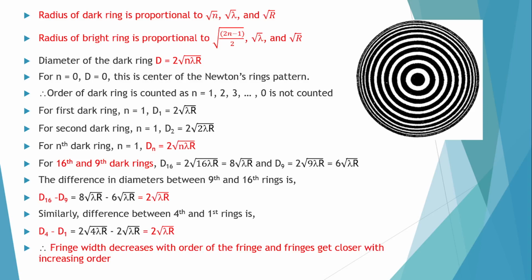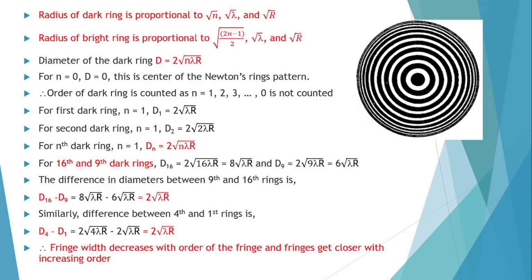Again, for the bright ring, the radius is directly proportional to the square root of (2n minus 1) upon 2, where n is the order of the ring, then directly proportional to square root of lambda, the wavelength of light used, and square root of capital R, the radius of curvature of the plano-convex lens.